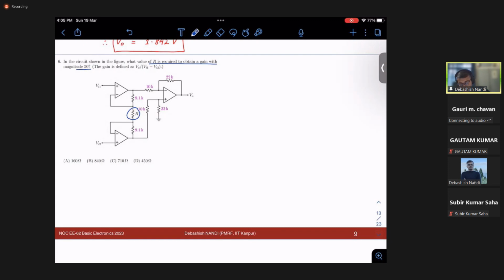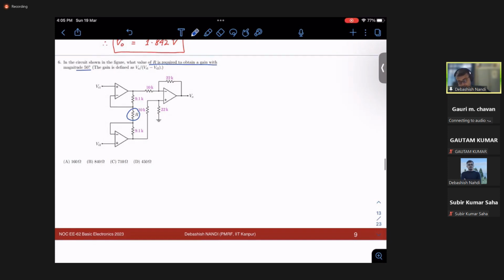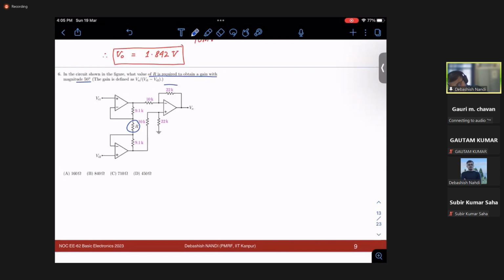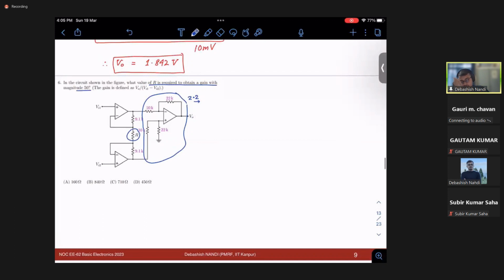So again, the gain of this stage is 2.2. Now you can tell it by inspection only. From the last time, I can simply copy this formula and change the values accordingly, right?